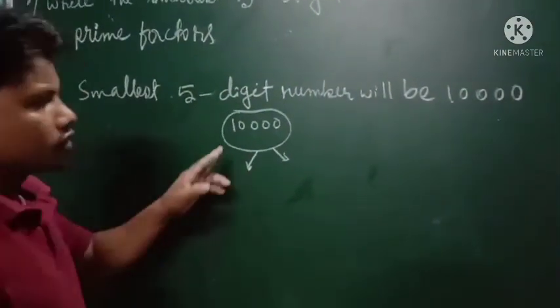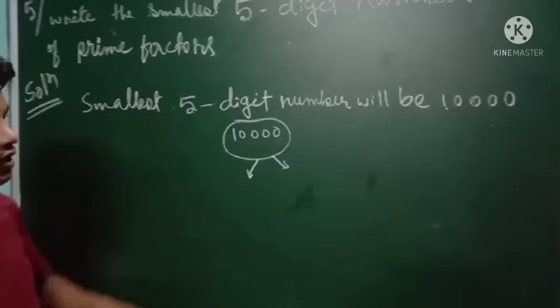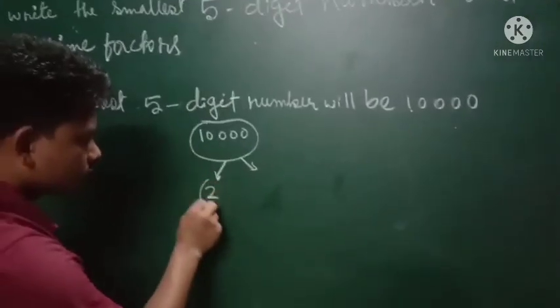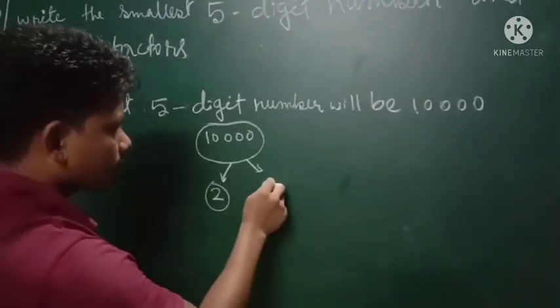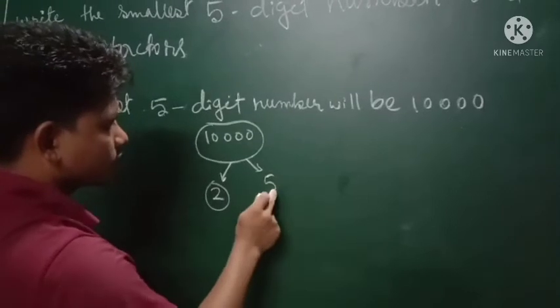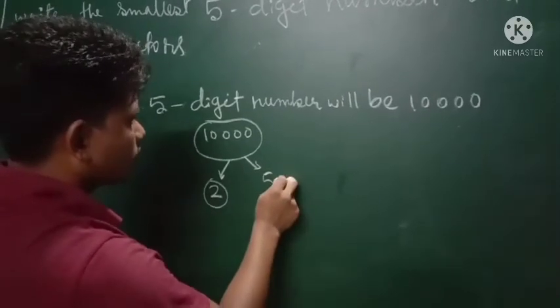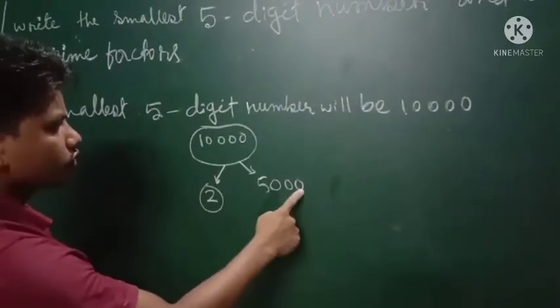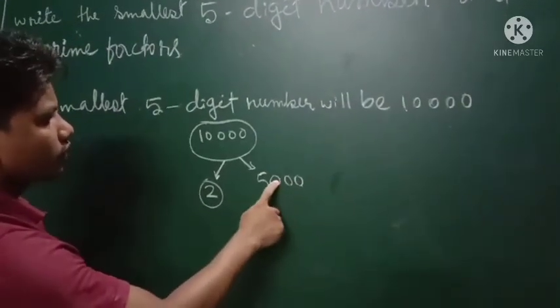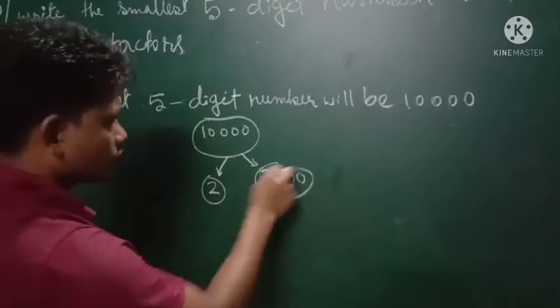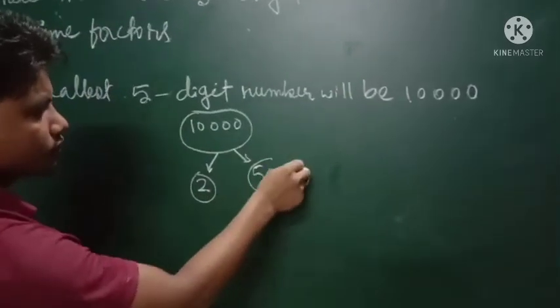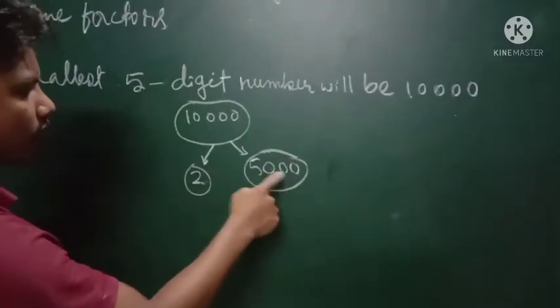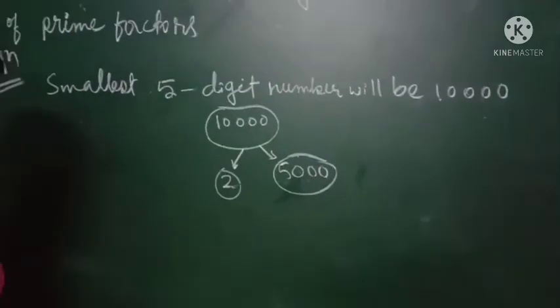Suppose we divide by 2. Again what? 5, 0, 0, 0 and 10. So 5,000 you will get 10,000.